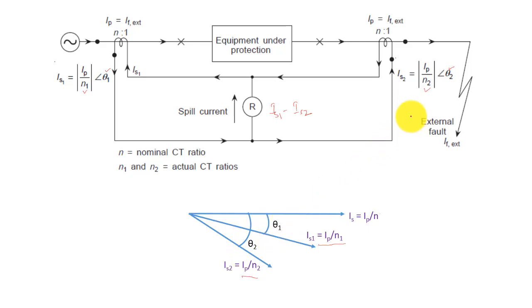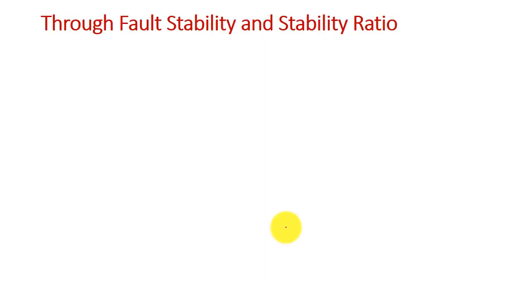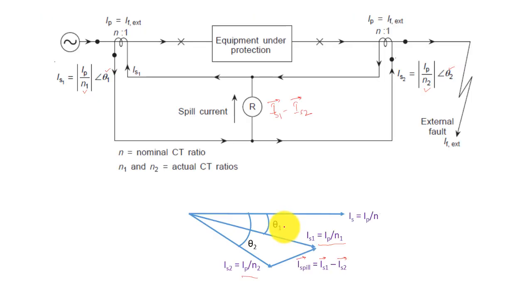Now the spill current is not exactly the difference of the magnitudes of IS1 and IS2, it is in fact the phasor difference between IS1 and IS2, right. So IS1 minus IS2 gives me the spill current. It is not the magnitude difference of the secondary currents, but the phasor difference of the secondary currents.